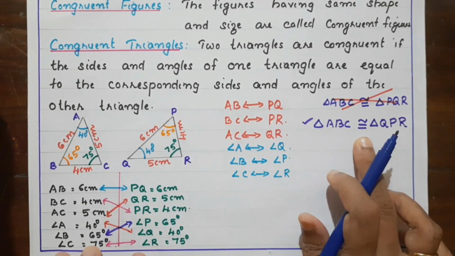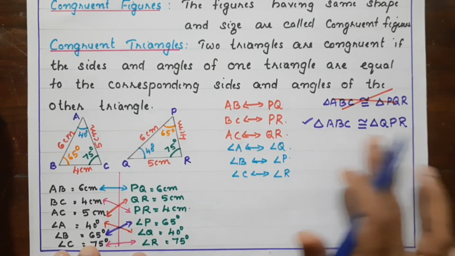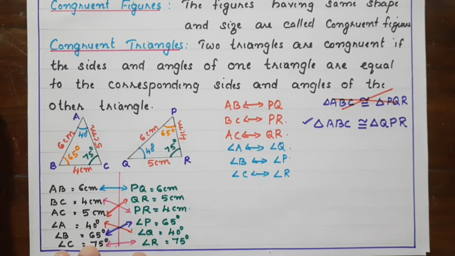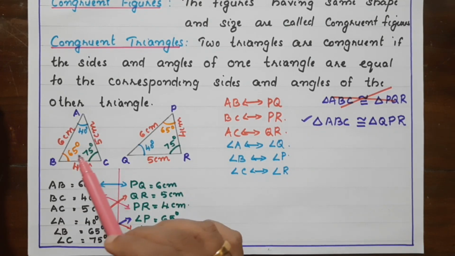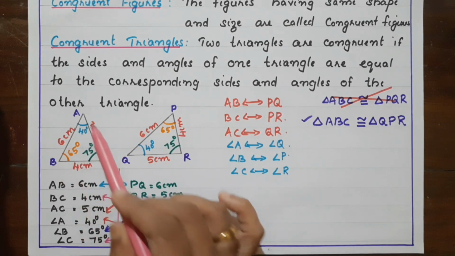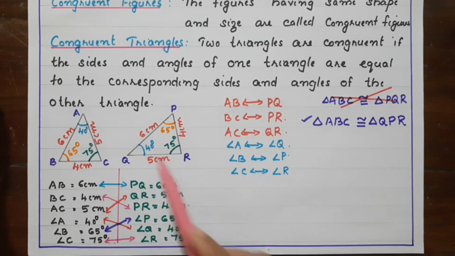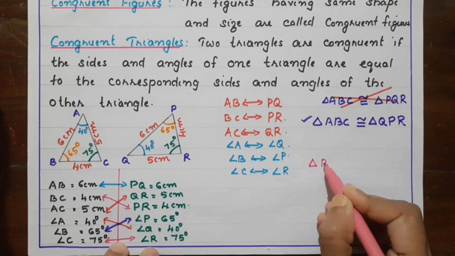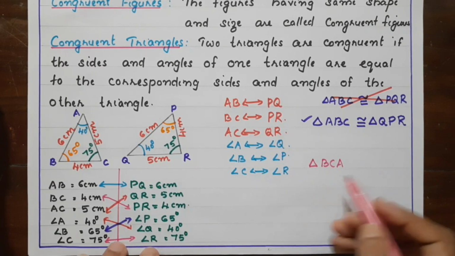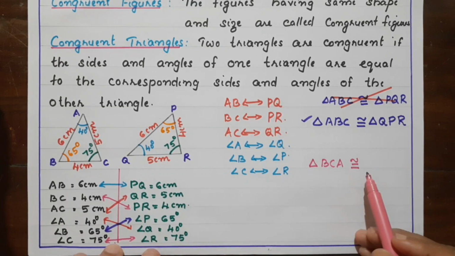This is very important. If the triangles are congruent, you have to check the order of writing the angles. See, if we are saying the first triangle name as triangle BCA, how will you write the congruency? So the first triangle is triangle BCA, congruent to, how will you write the second name?